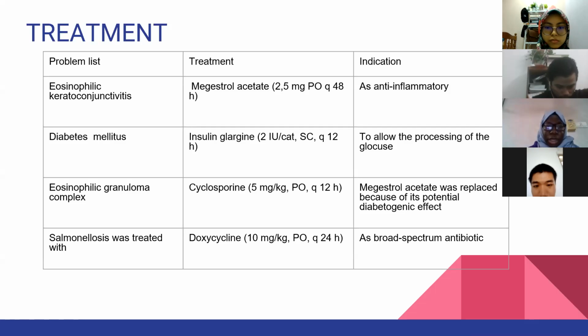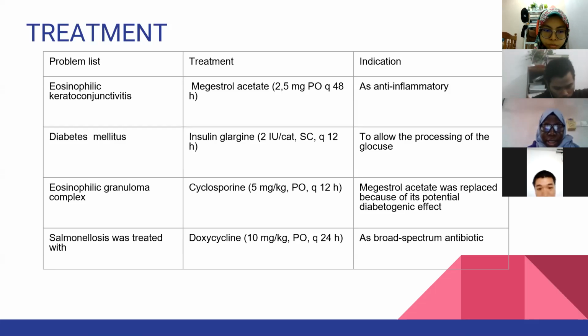And then for eosinophilic granuloma, they had to use cyclosporine because the other one, megestrol, was stopped because of the diabetes. The patient cannot be treated with megestrol when there is a diabetic condition. That's why they had to change the treatment plan to cyclosporine.